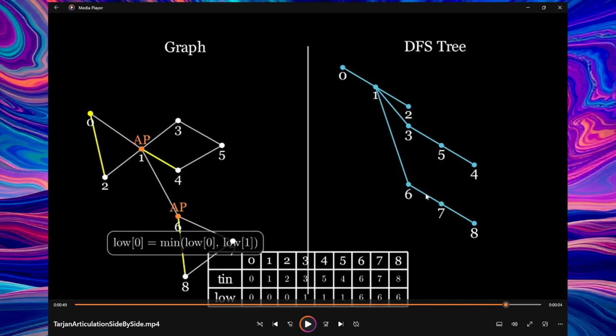When you say the earliest you could have found it, do you mean like the lowest number of steps you would have had to take? Exactly. That's why 7 and 8 get updated to the value of 6. Because if we're starting from 0, the earliest we could have found 8 and 7 is, well, the actual entry time.